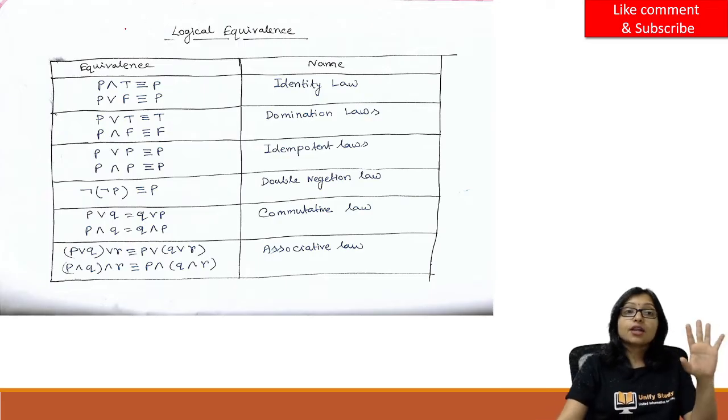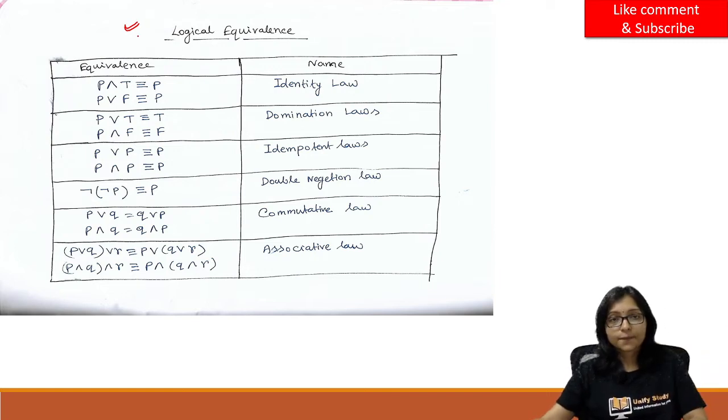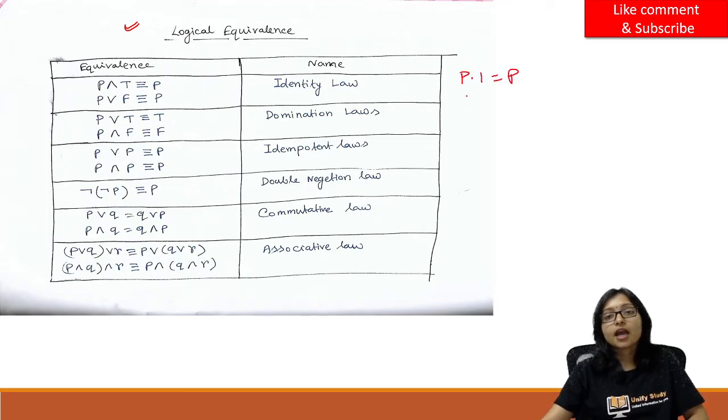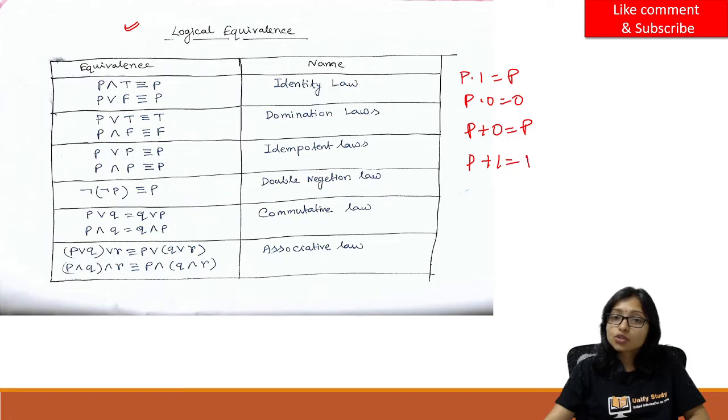And these are the rules of logical equivalence. That rule is the same as the rules of digital logic. In digital logic, you learned that P dot 1 equals P, right? And P dot 0 equals 0. You also learned that P plus 0 equals P, and P plus 1 equals 1.